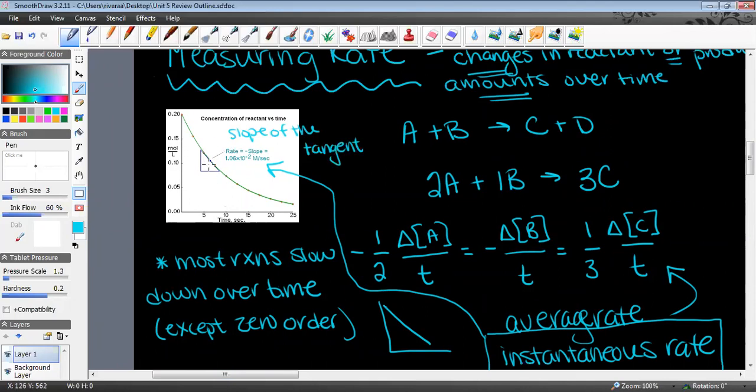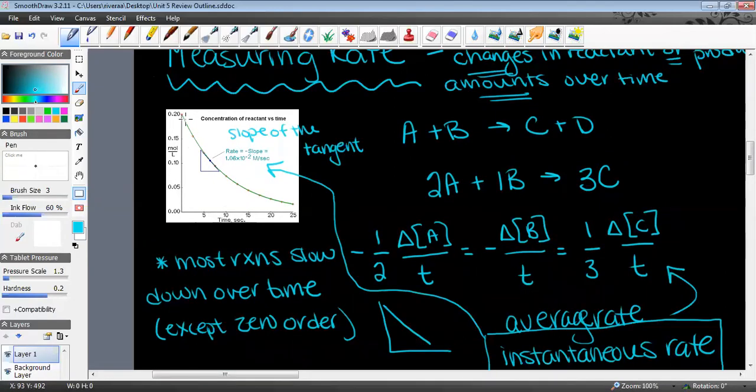If I wanted to know what the instantaneous rate was at 5 or 6 seconds, I would draw a tangent line at that point in time and take the slope of the line right there.